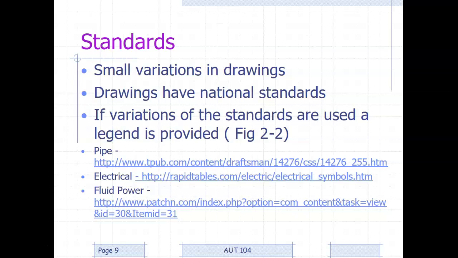You have your metric and you have your standard. We don't have bolts that are somewhere in between. You're either dealing with metric or standard. So not only have we standardized physical objects, we've standardized symbols.